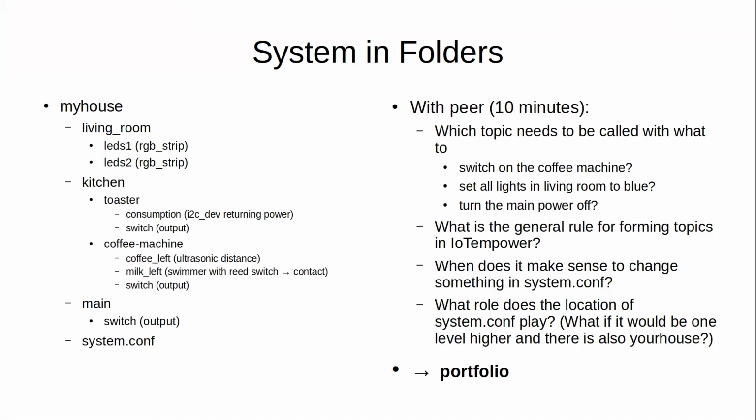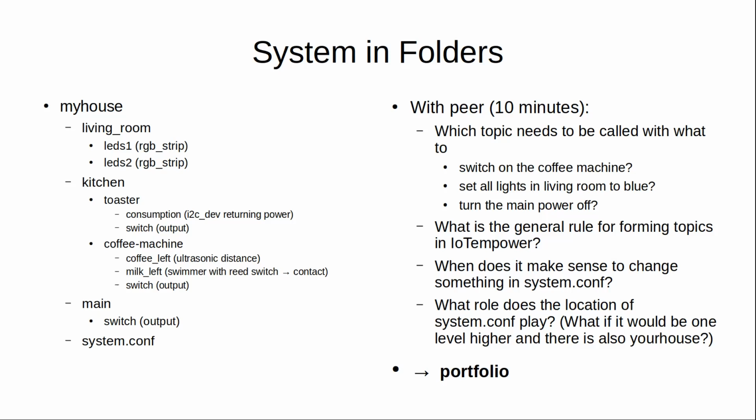Okay, first question, how do you make coffee at my house? You're missing one subtopic, because the switch is actually only reporting on switch. So on this topic you took, you can read the status of the coffee machine, but you cannot set the status of the coffee machine.